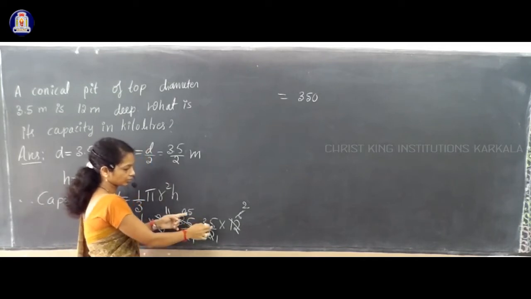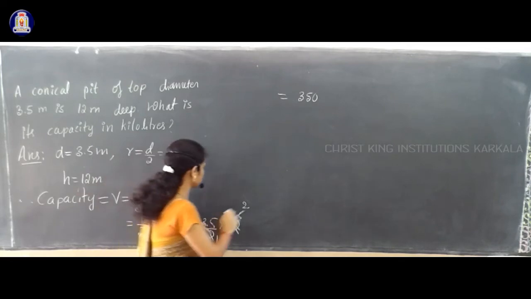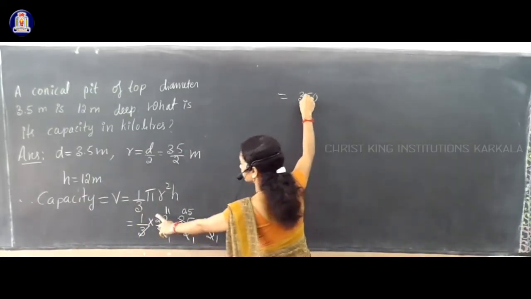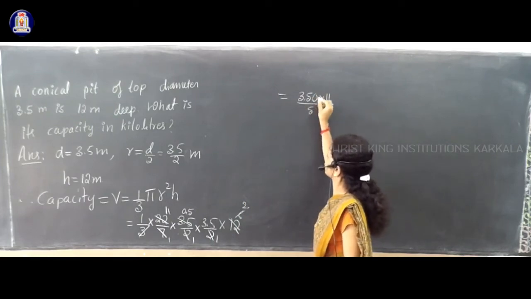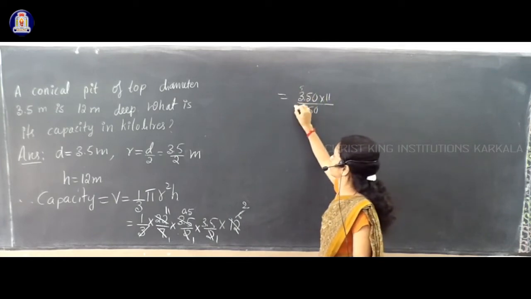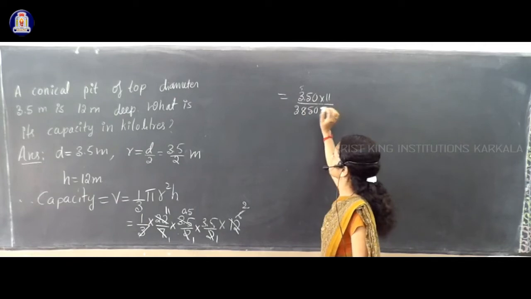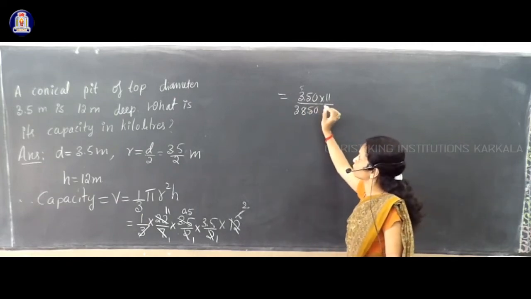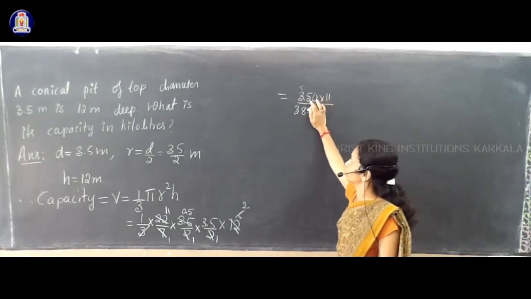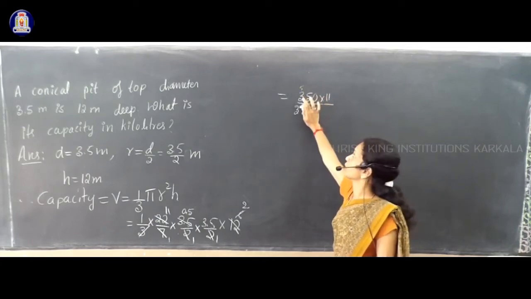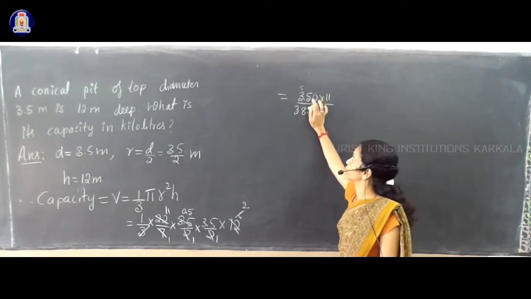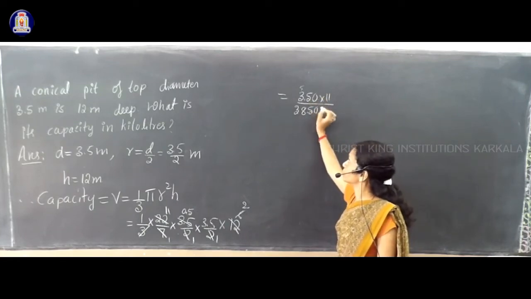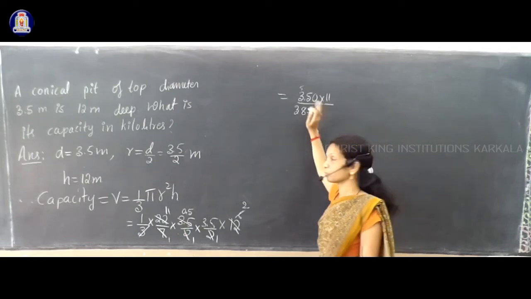There is a decimal point after 2 digits, 1 digit here, 1 digit here, so total 2 digits. So put a point after 2 digits, then into 11, and 11 into 0, 0, 11 into 5, that is 55, 5 left, then 11 into 3, 33 plus 5, 38, and since you have 2 decimal places, you have to put a decimal point after 2 digits from the right side.